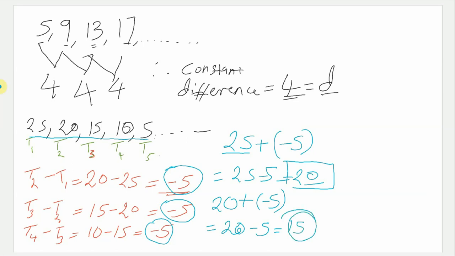That's our third term. So keep on adding negative 5 until we get to this point here, or up to infinity. Okay, so these are just ways of finding a constant difference in a linear number pattern.